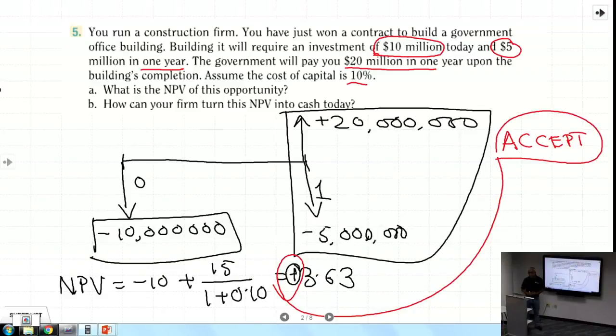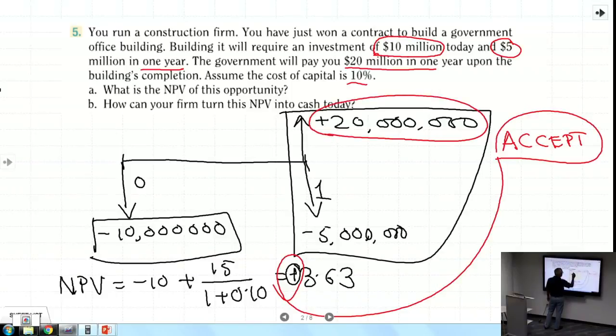So essentially the firm can borrow 18.8 million today and pay it back with 10% interest using the 20 million. So it can take the present value of this, it can borrow.